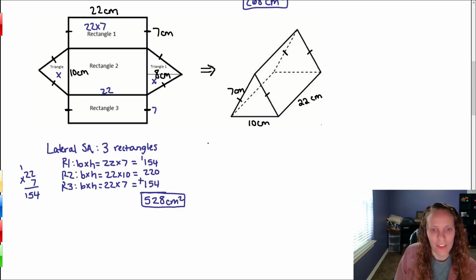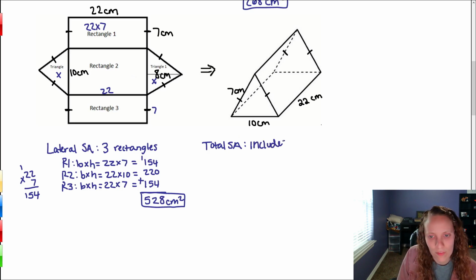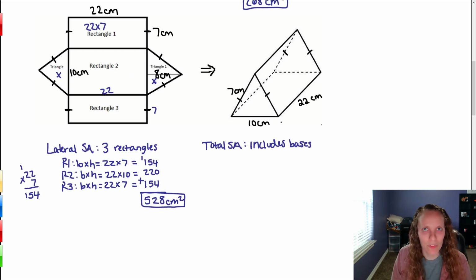Now we want to find the total surface area. Remember that total surface area includes the two bases. So we're going to take our two bases, whatever we get for those areas, and then add that with our lateral surface area.